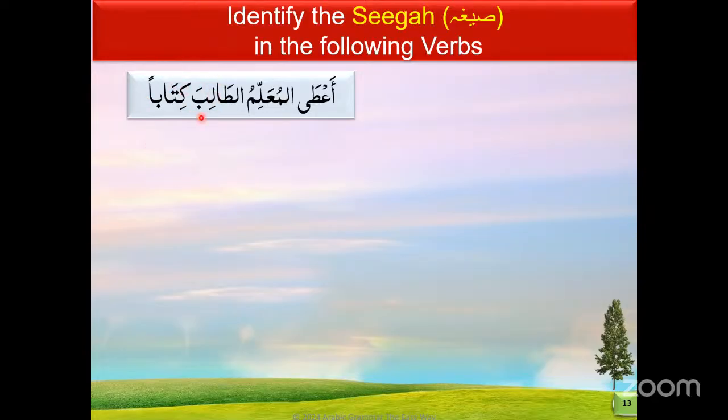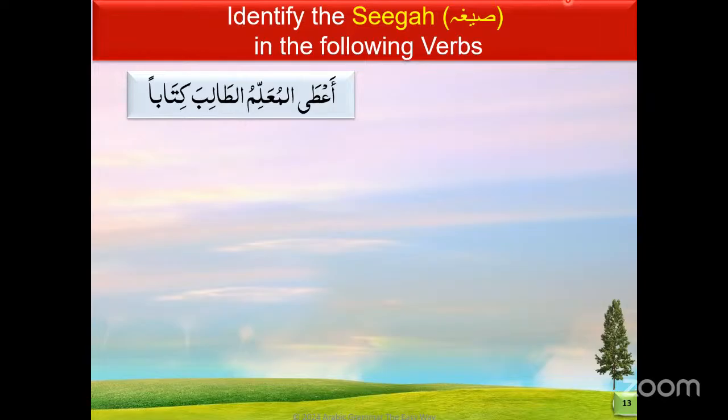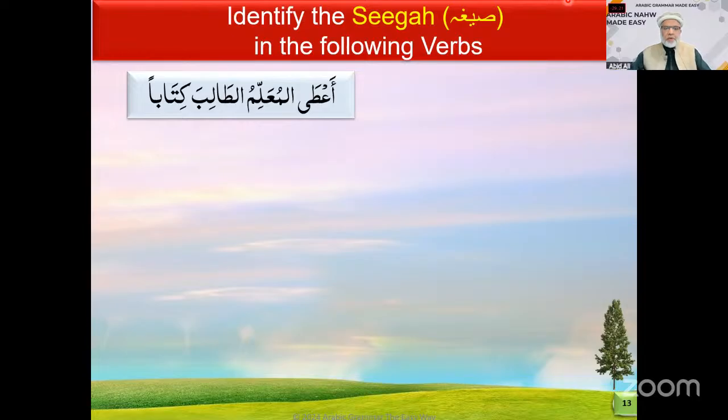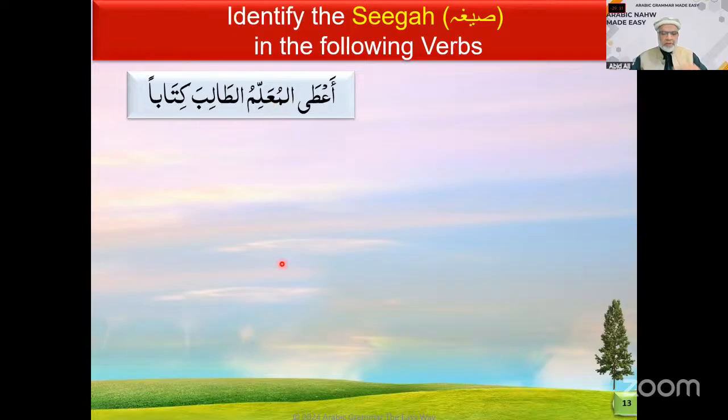What is the status of at-talib? Nasab. Very good. And what is the status of kitaban? Nasab. So when a noun is in the status of nasab, and it comes in a verbal sentence, what does it act as? Object. So how many objects do we have? Two. And who's the subject?